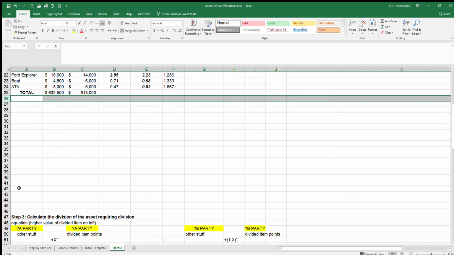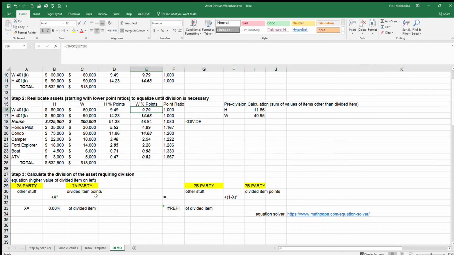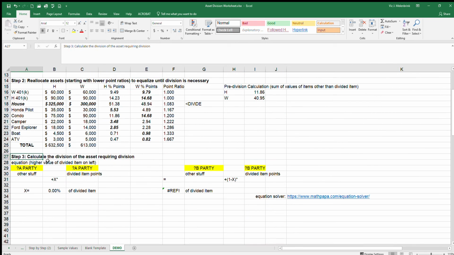So moving on to step 3, I'll delete those blank lines, and we'll pull step 3 up. We need to calculate the division of the asset requiring division. That would be the house. So what we do is we're going to create an equation. The equation is going to tell us what the division is going to be of that item.